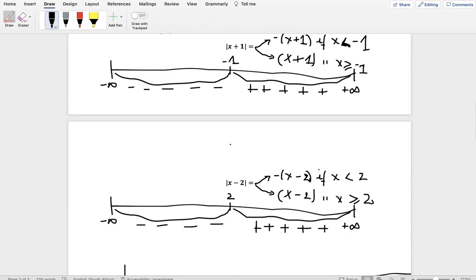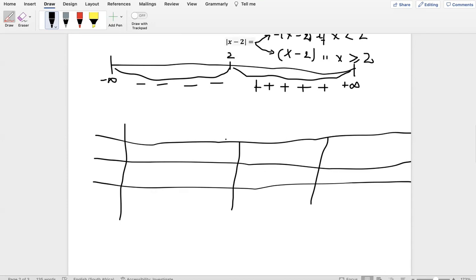And the first significant number we had was -1, and 2. And this, of course, is negative infinity here to positive infinity.